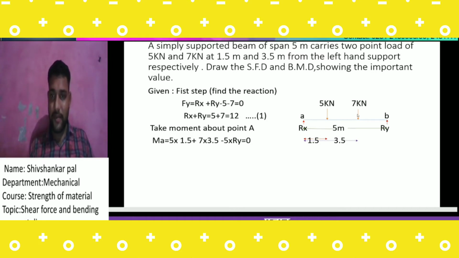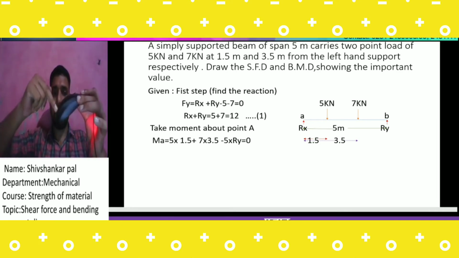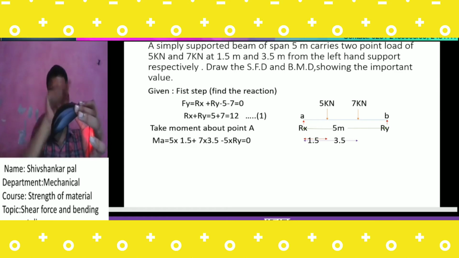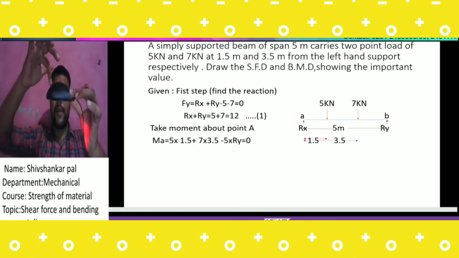And similarly the 7 kN about point A: force into perpendicular distance. Force is 7 kN and the perpendicular distance is 3.5 meter. So 7 into 3.5, and as you see in the figure, 7 kN will try to move in the clockwise direction about point A. Suppose that point is fixed, and that is our beam, and 7 kN is the applied load.